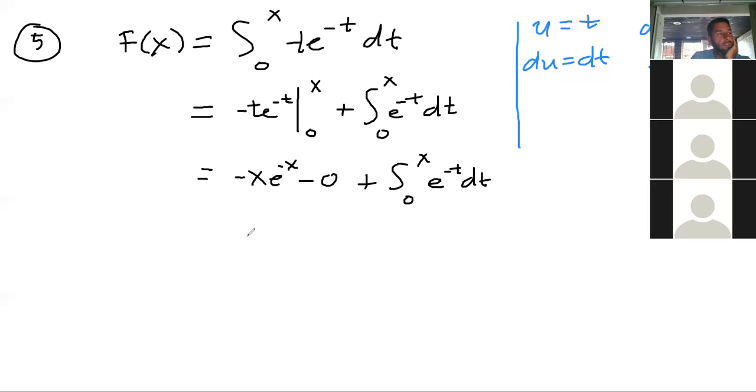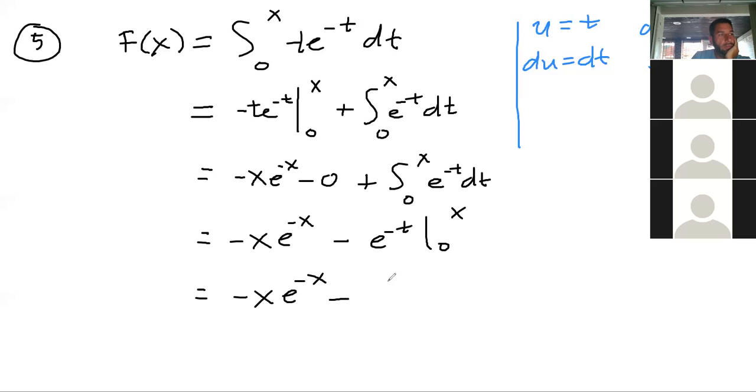And so if you integrate this guy that's left, you get minus e to the negative t from 0 to x. So plug this in, and if you simplify this creature, here's what you get.